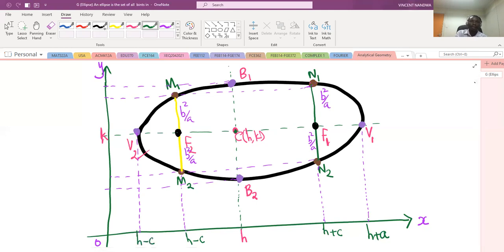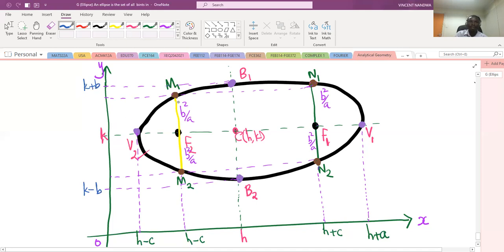And then when we go to the y-axis, we don't know k here. So the distance from the center to B2 or B1 is b units. So from here to here will be k minus b, and this will be k plus b.